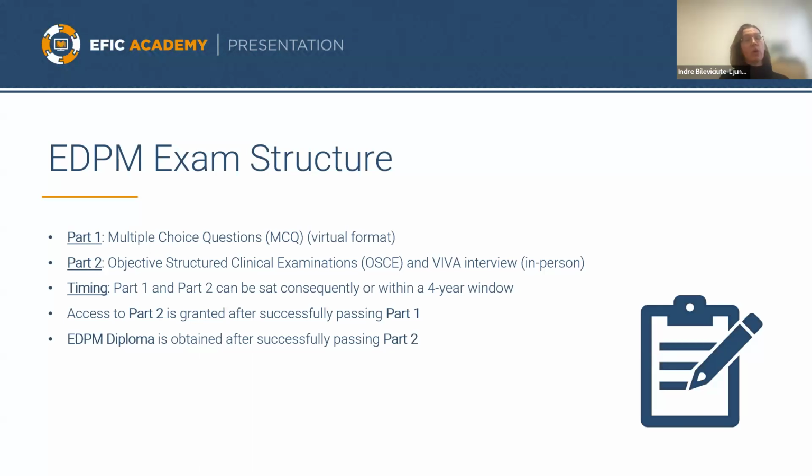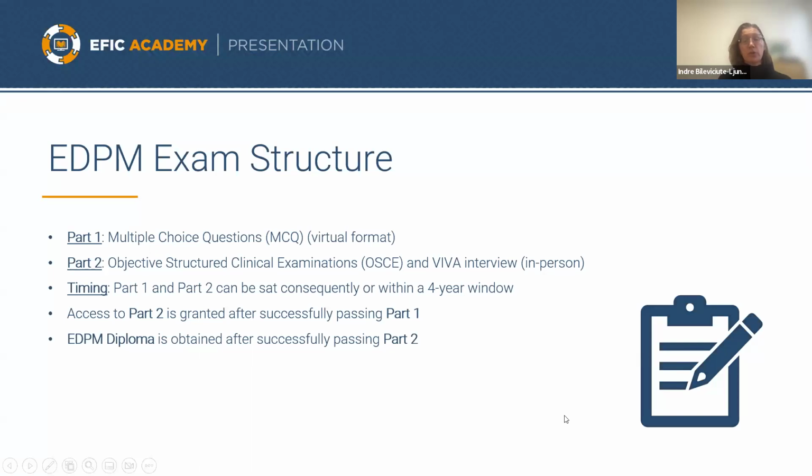We can ask all questions which are under the pain curriculum, which is on the website. So, for example, a clinical Viva for a muscular pain condition can also involve receptors, can involve neurobiology of pain, and also, of course, treatment approaches and so on. So be very much prepared for these two parts, reading the pain curriculum.